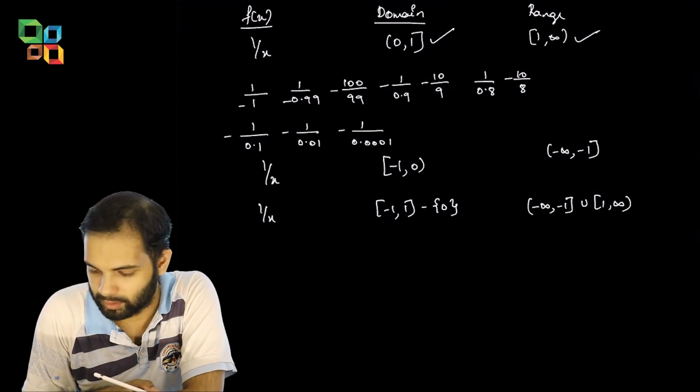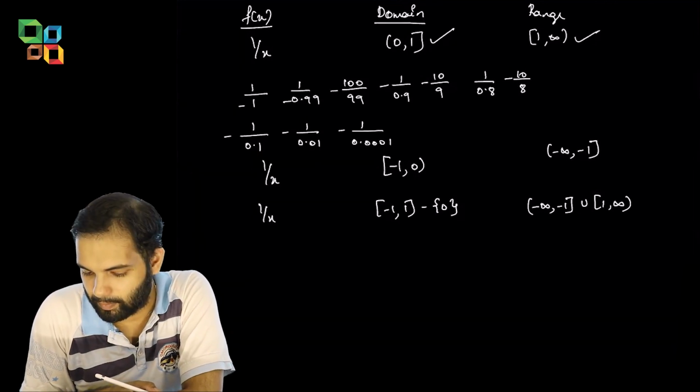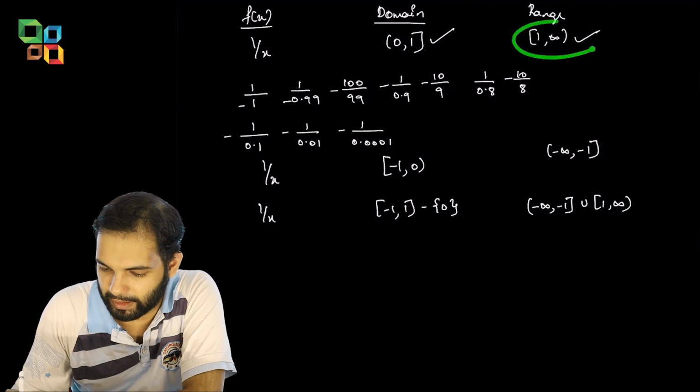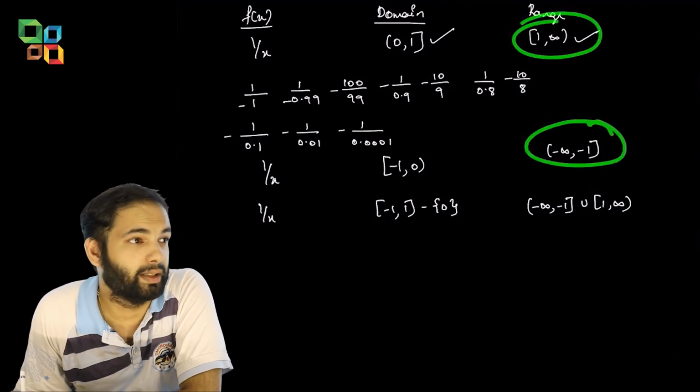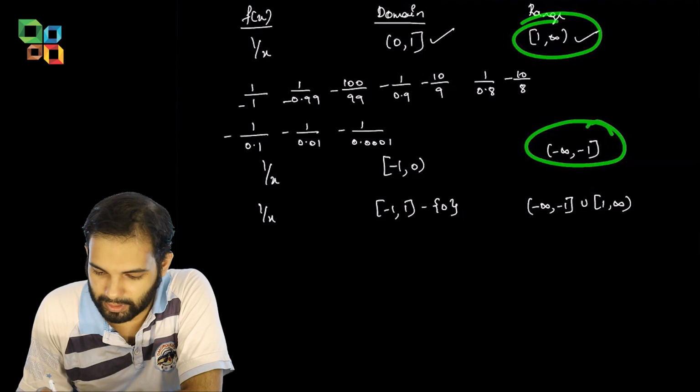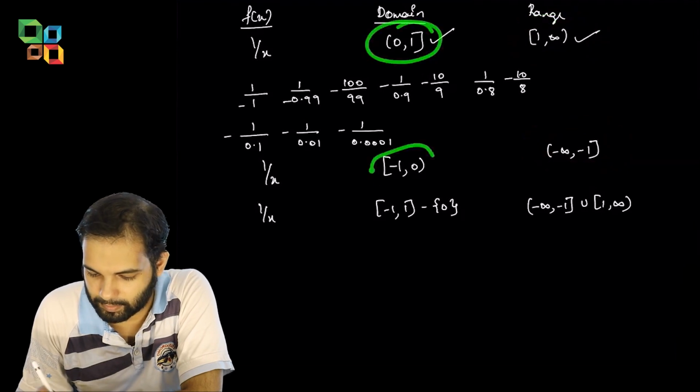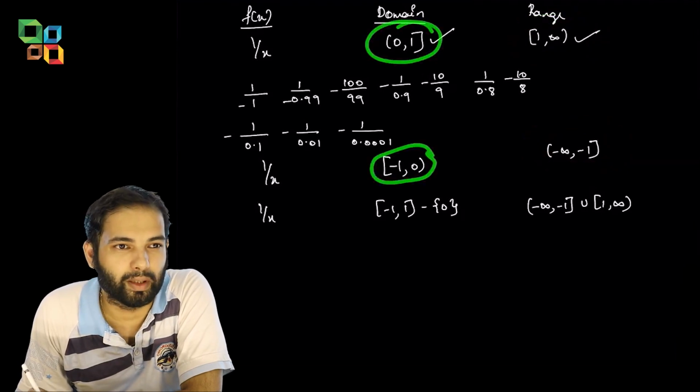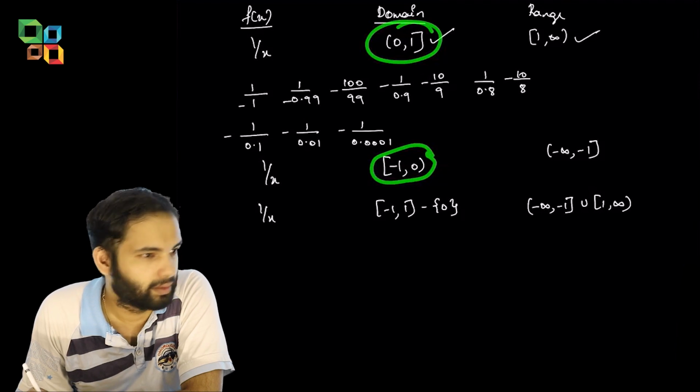You can see that I've simply added these two ranges, right? Because that's what my domain is also, simply adding these two domains. Can you see that? Okay.